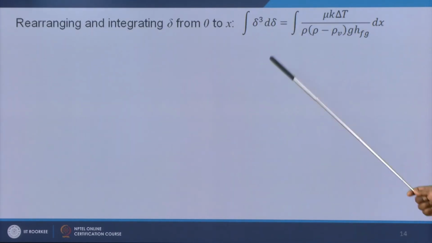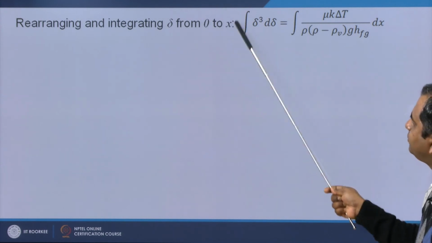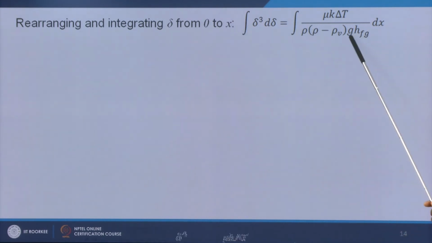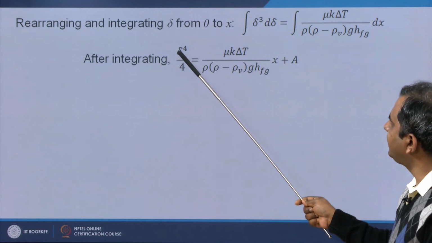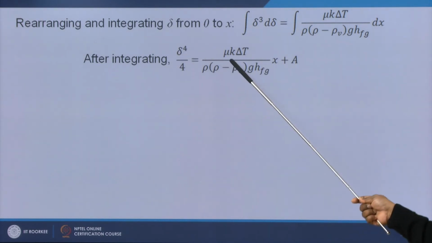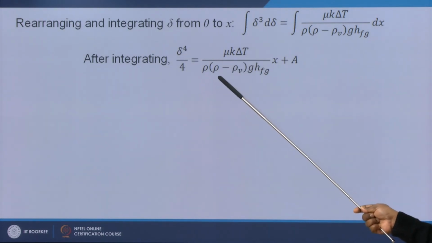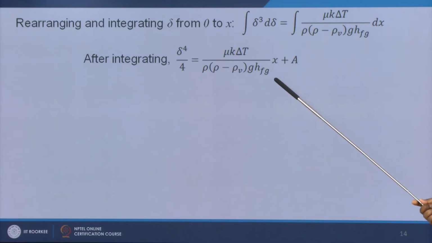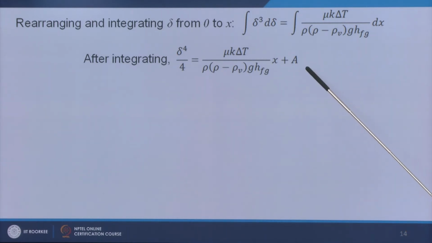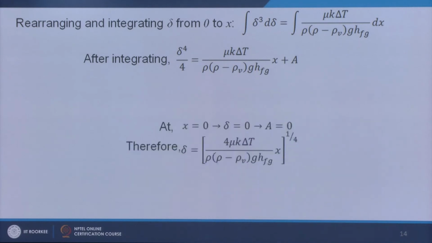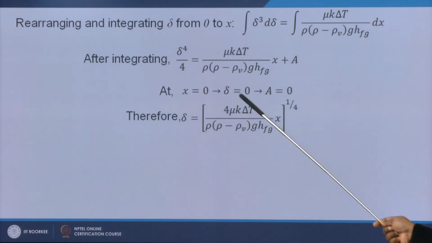Once you integrate, with the limit from 0 to x, you will find that delta to the power 4 by 4 equals mu k delta T by rho into (rho minus rho v) into g into hfg into x plus a. And evaluation of a is very easy, as at x equals 0, delta equals 0.